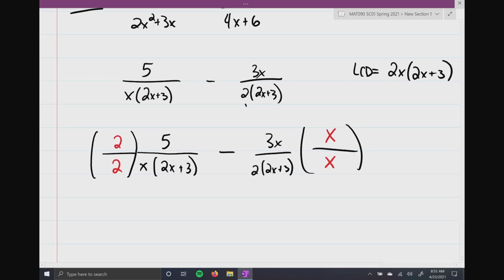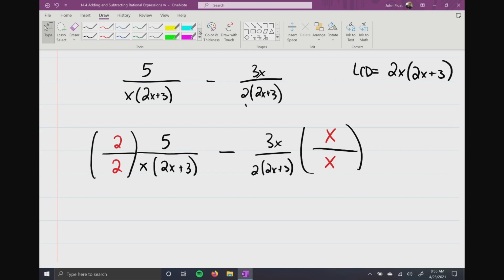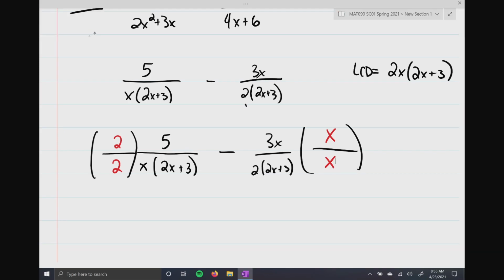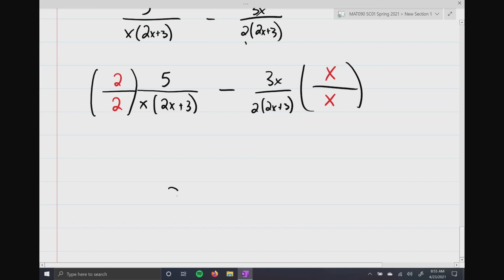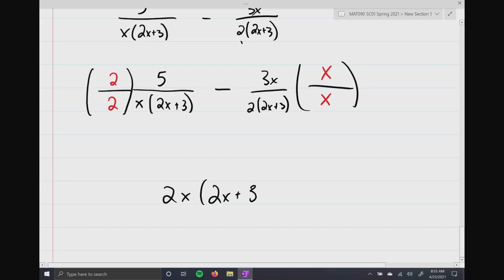I'm going to rewrite it so I have one denominator and one entire numerator, not simplified. 2 times 5 minus 3x times x.